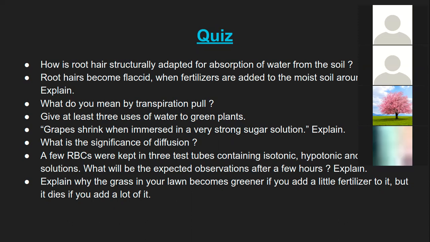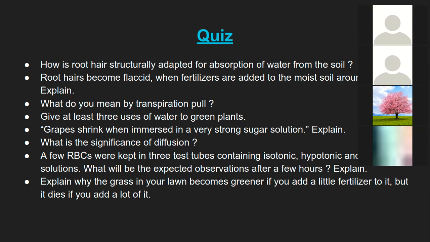Anyone else? Akshay? Sir, I guess the phenomenon over here is known as exosmosis. Osmosis takes place because there is more sugar outside the grape than inside the grape, and there is more water inside the grape than outside, comparatively.